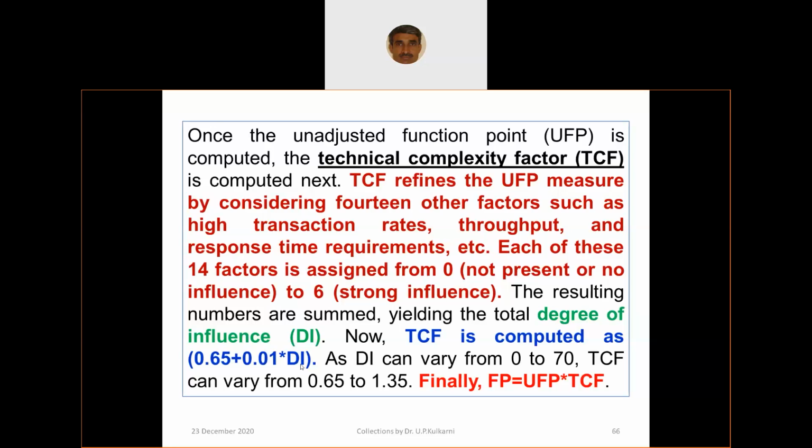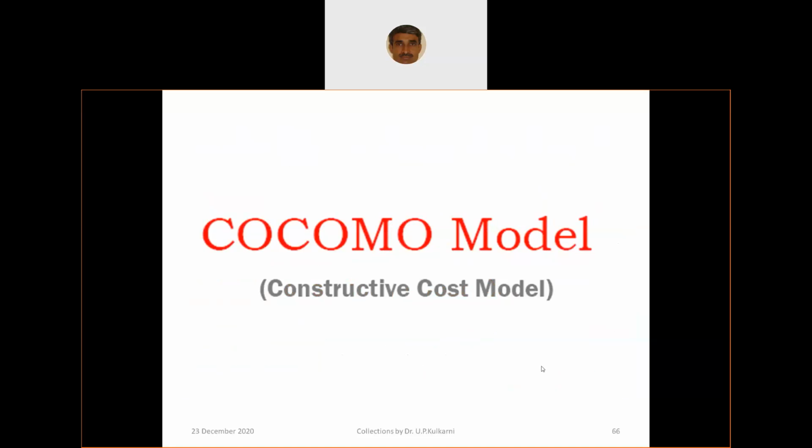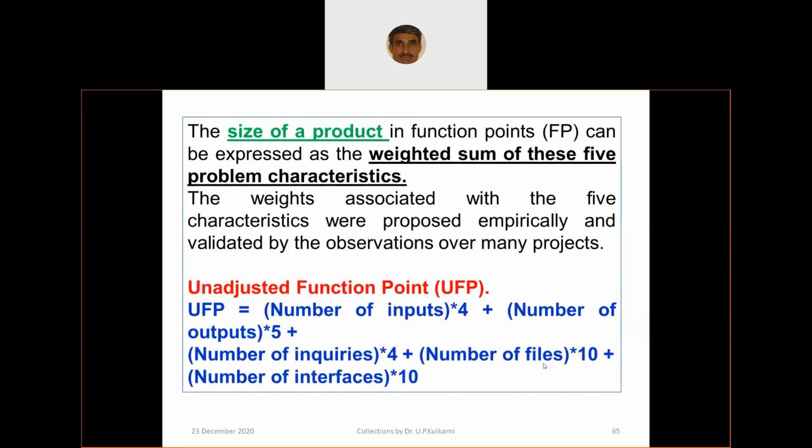In a project, based on their experience of previous ones, they come up with the degree of influence DI. Got it? Okay. So the unadjusted function point is multiplied by the technical complexity factor, and you get the result.